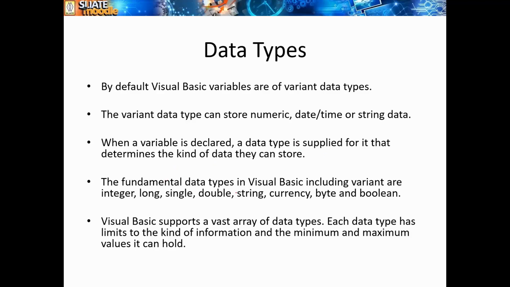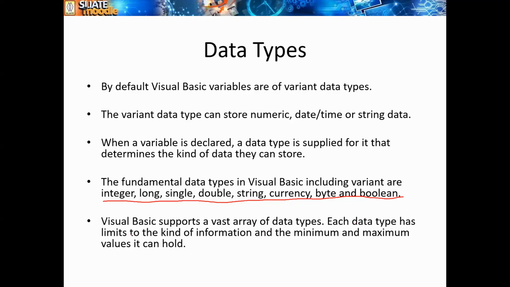The fundamental data types in VB, including variant, are integer, long, single, double, string, currency, byte, and boolean. So here you see the list of data types available in VB. We are going to learn what we can store within these data types. Visual Basic supports a very vast array of data types.